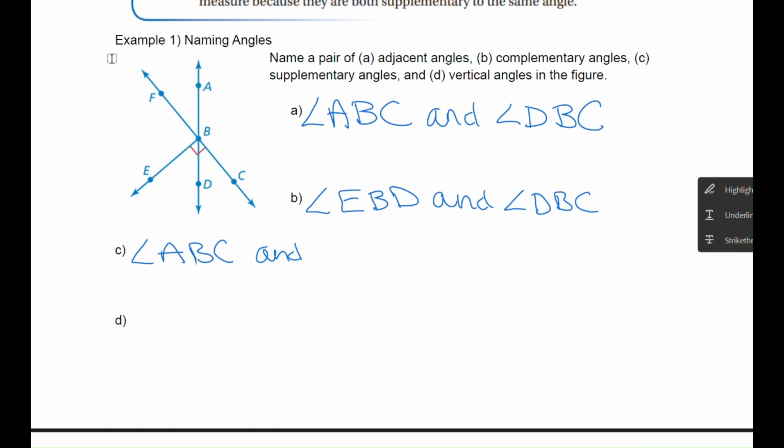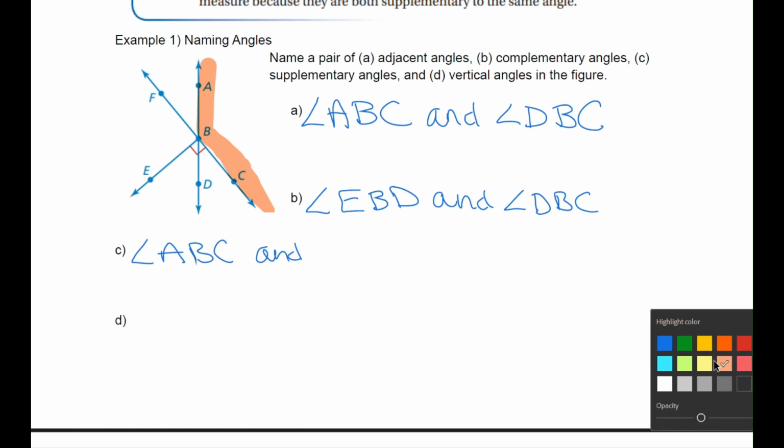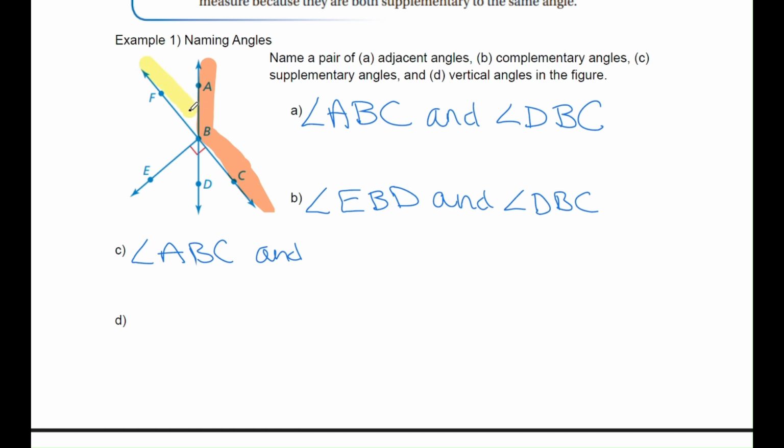I'll highlight angle ABC. There are two answers I could say, but I'm going to say this angle up here. So I have angle FBA, and angle FBA or ABF would work as well.